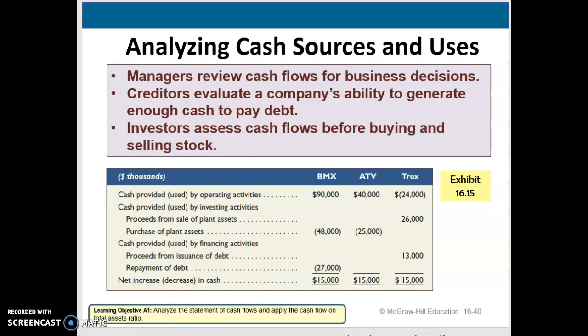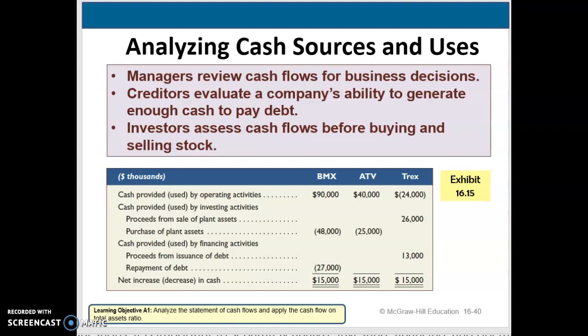To illustrate that, consider the information from 3 different companies that they show us here: BMX, ATV, and Trex. So these companies operate in the same industry and have been in the business for several years. Each company generates an identical $15,000 net increase in cash, but its sources and uses of cash flows are very different. Our BMX example has operating activities provided net flows of $90,000, allowing it to purchase plant assets of $48,000 and repay $27,000 of its debt.